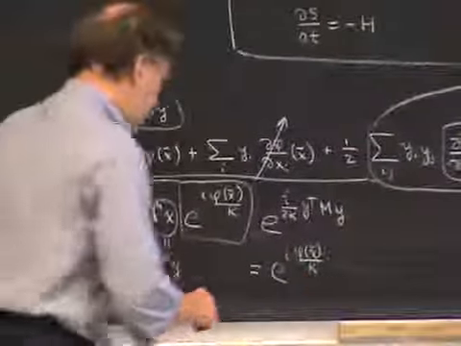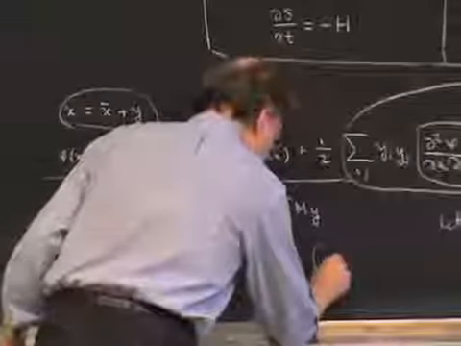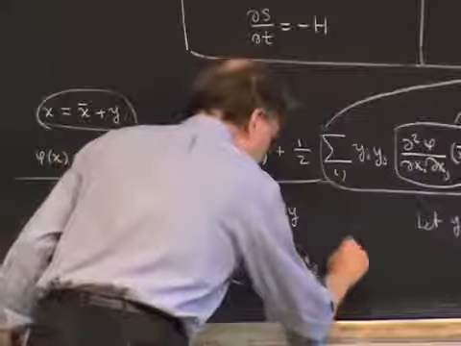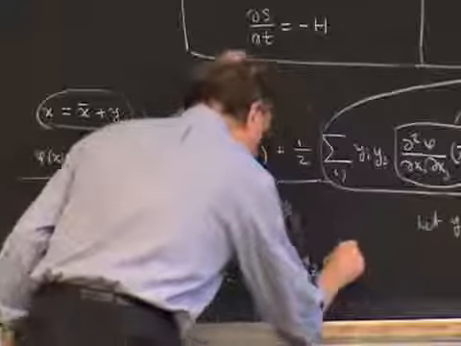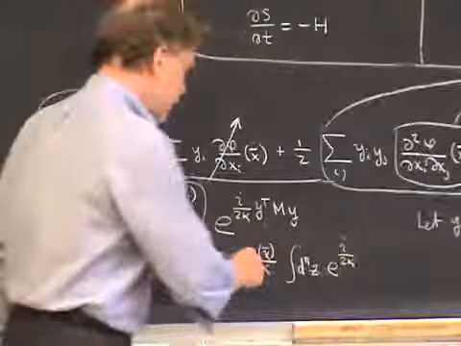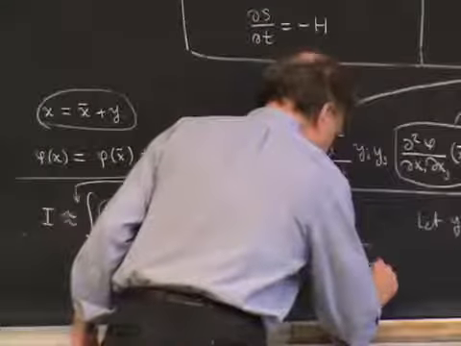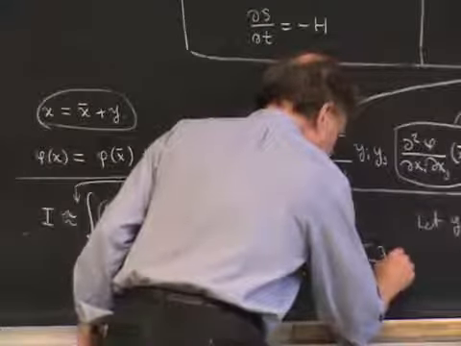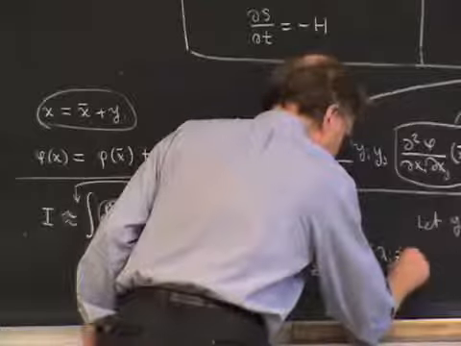And then the remaining integral is the integral d^n z. And then we get e to the i over 2 kappa in the exponent here. And this quadratic form now turns into this. We can write it this way: it's the sum over j of the eigenvalues, call them lambda j, times z sub j squared.